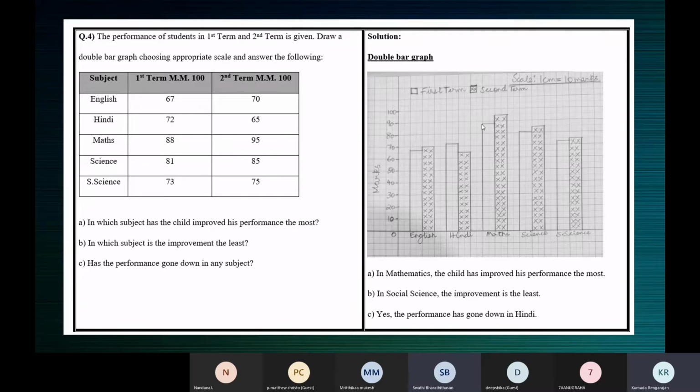Yes, because you can see when compared to this one, this is taller. But here, when compared to this one, it is only slightly taller. That means slight improvement. Here, no improvement. The child has gone down. Here there is more improvement, the bar is taller.